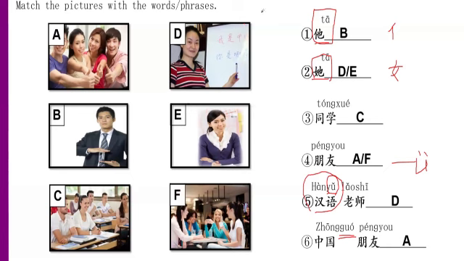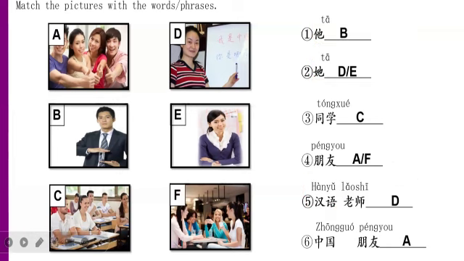So Zarish Ijaj, 你好, 请跟我读. 他, 同学, 朋友, 汉语, 老师, 中国朋友很好. Read number 4 again. 朋友, very good, 谢谢. 不客气. Very good.